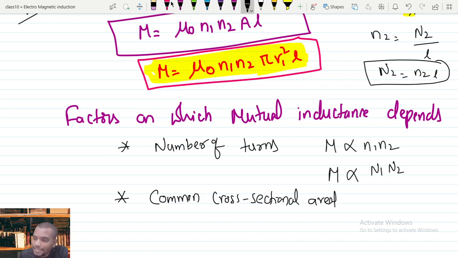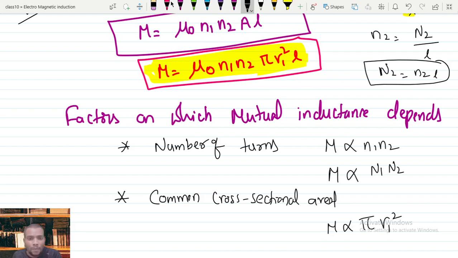The second one: the mutual inductance depends upon the common cross-sectional area. The larger the common cross-sectional area of the two solenoids, the larger the mutual inductance, because you are seeing here that mutual inductance is directly proportional to pi r1 square.